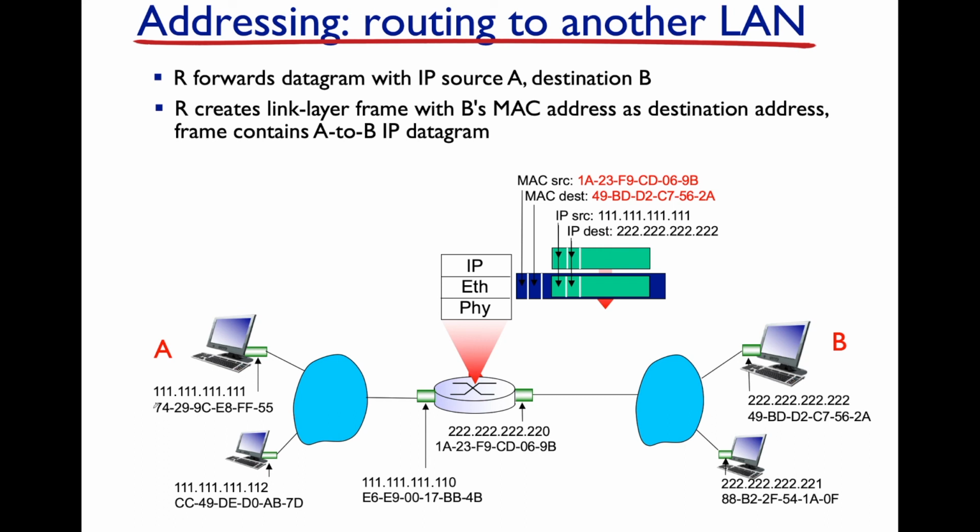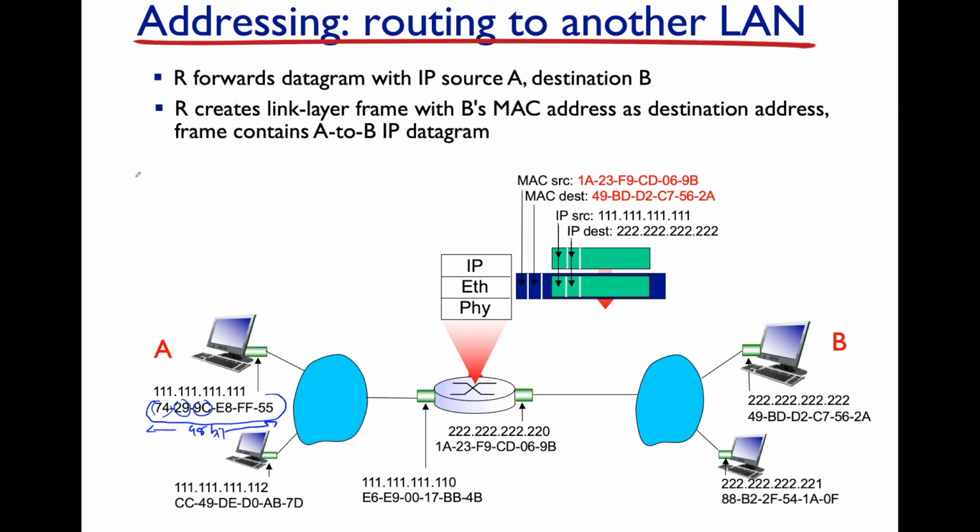111.111.111.111. We also have this other number, and this number consists of 12 hexadecimal digits. Each hexadecimal digit corresponds to 4 bits. So we have 8, 16, 24, a total of 48 bits for the MAC address.